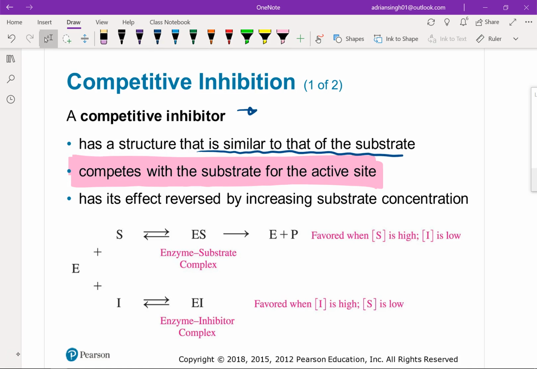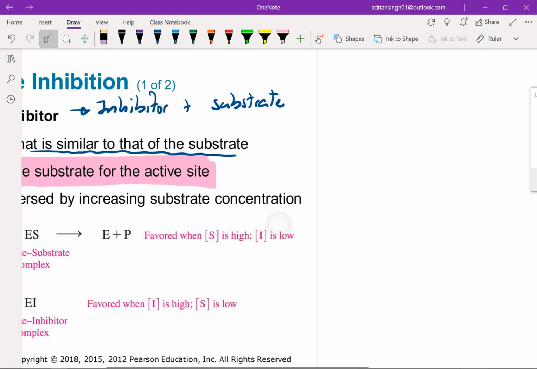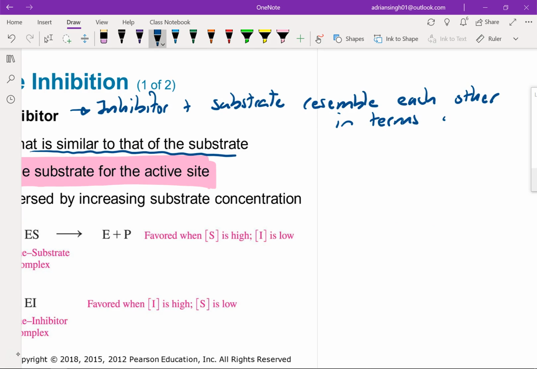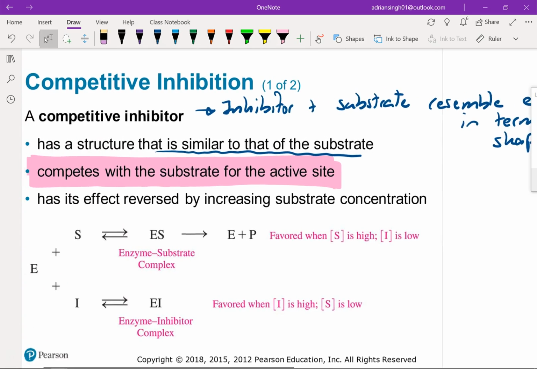So in other words, the inhibitor and the substrate resemble each other in terms of their shapes. So the enzyme can't really tell which is which. Is it binding to an inhibitor or a substrate? Because they both look the same.